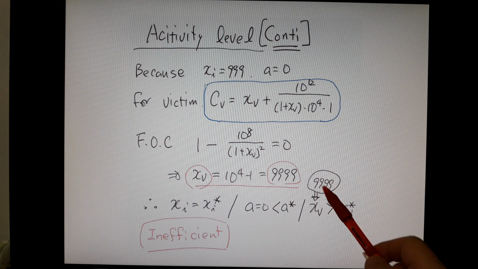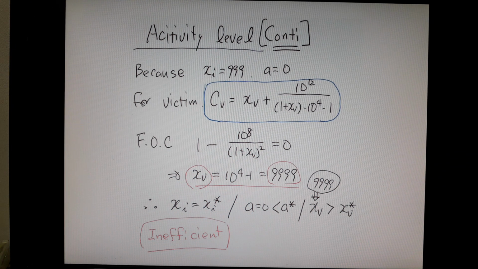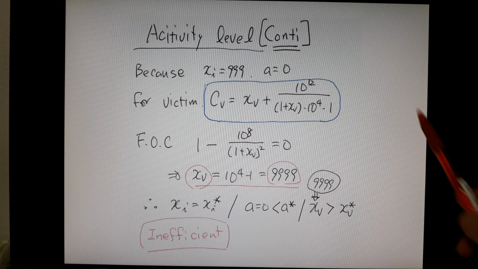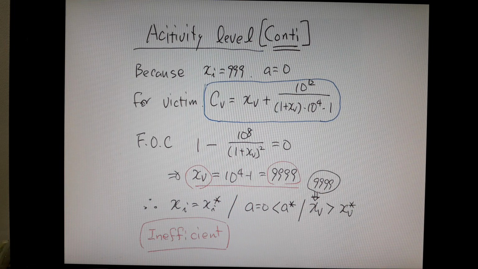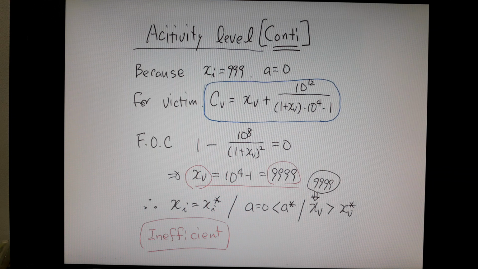It's something bigger than 9099. So obviously bigger than that. Inefficient. Once again, I apologize that there's some calculation error, it seems, but then you can calculate.